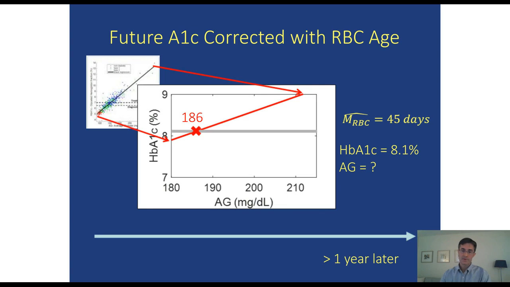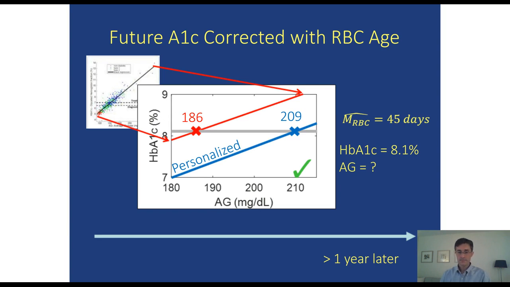The standard regression formula would have provided an estimated average glucose of 186, but using the method described here, we estimated that the glucose actually had to be much higher, 209, in order for these young red cells to have become 8.1% glycated. We had independent glucose measurements available that showed that, in fact, this patient's average glucose was 210, much closer to the mean red cell age adjusted A1c than the unadjusted A1c.